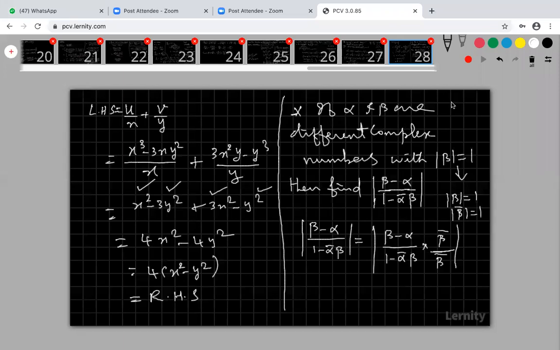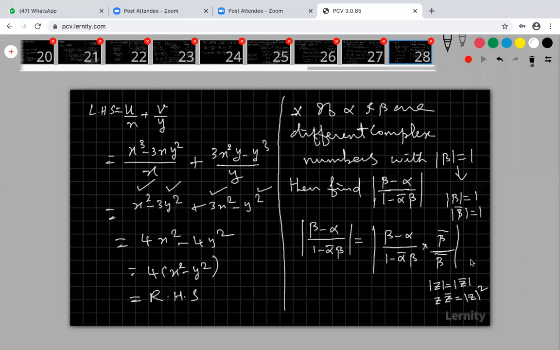So this is a result, please note it: modulus of z equals modulus of z bar. And another result: if you multiply z into z bar, you get the modulus of z the whole square. These results we have already discussed.